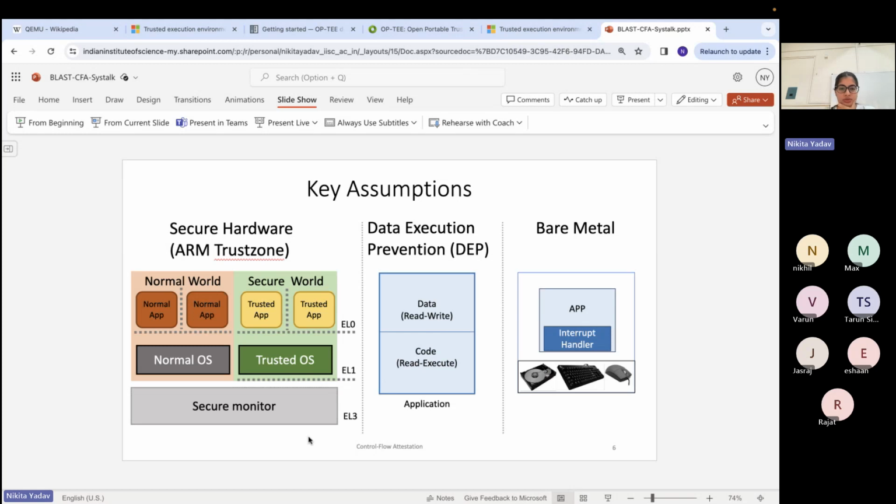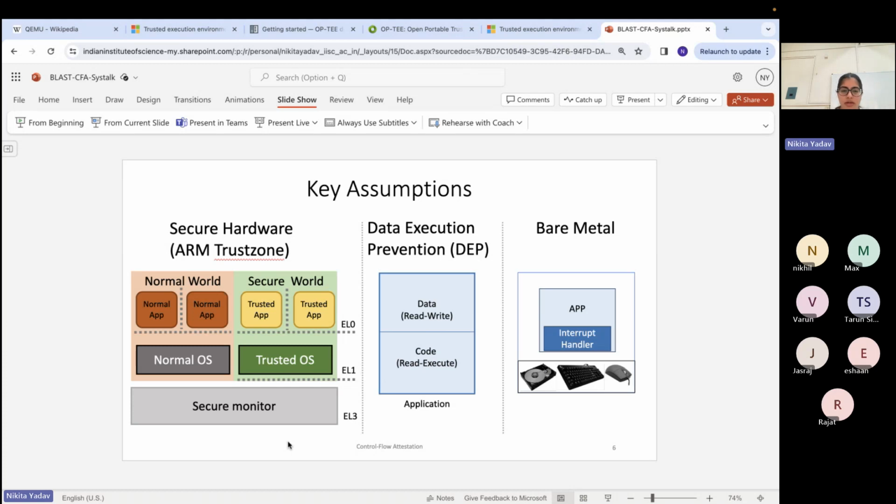I'm going to show you here, because here you can also see the execution levels. These are the rings. Similar to Intel, ARM also has these protection levels, but they are called execution levels, EL0 to EL3.